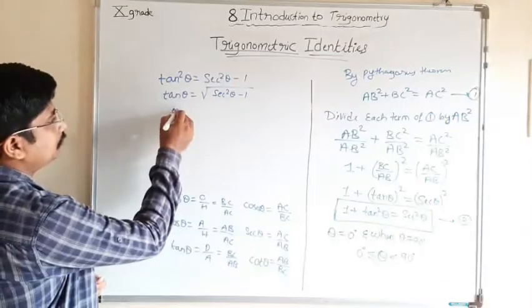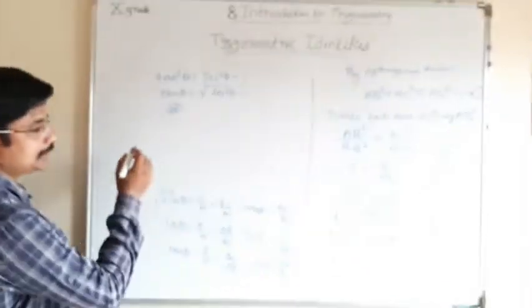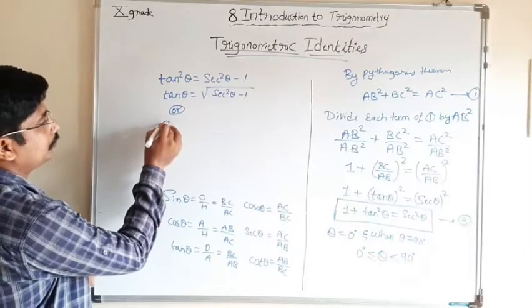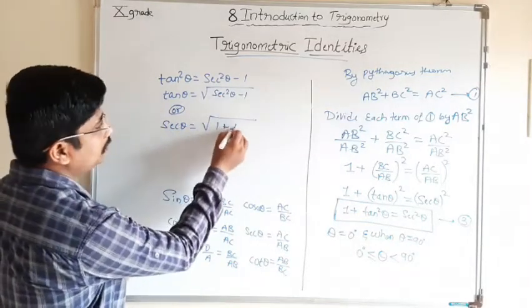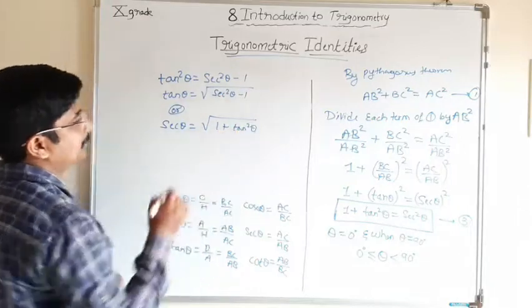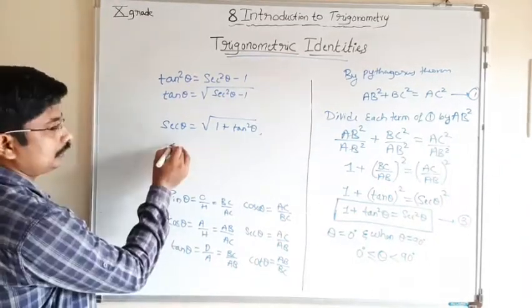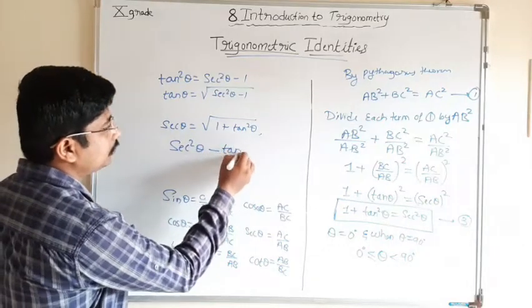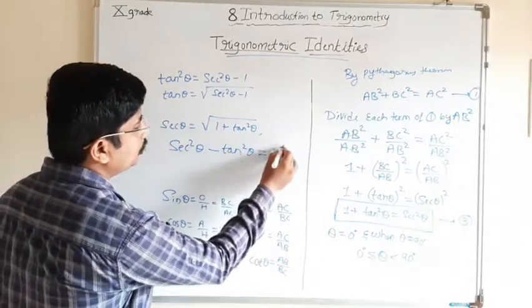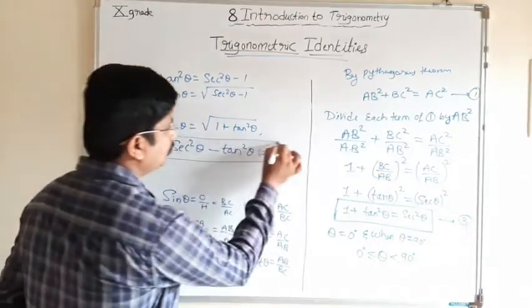Or see here, sec theta is equals to square root of 1 plus tan square theta. Sec square theta minus tan square theta is equals to 1.